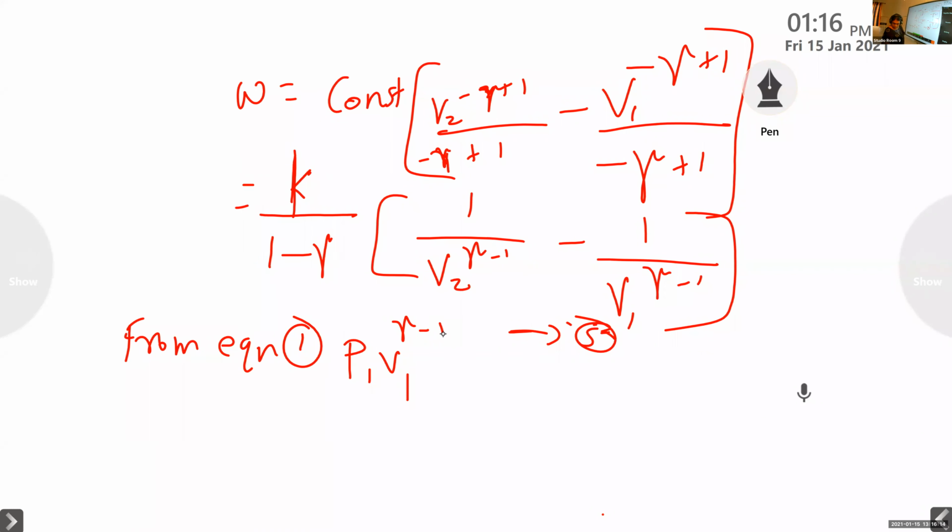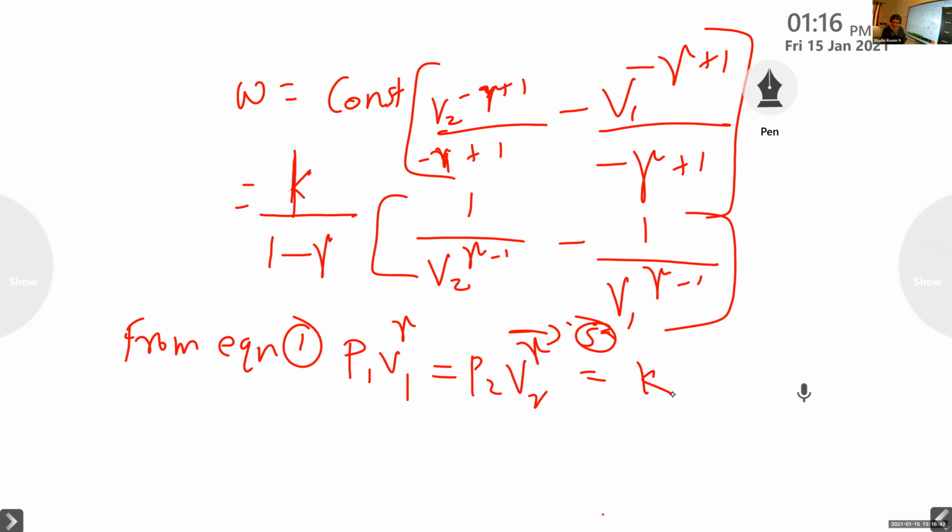From equation 1, we have P1 V1 gamma is equal to P2 V2 gamma. Last class we had this. So this is from equation 1. It is a constant. So instead of this constant, we can have this. From equation 1, P1 V1 gamma is equal to P2 V2 gamma, that is equal to a constant.